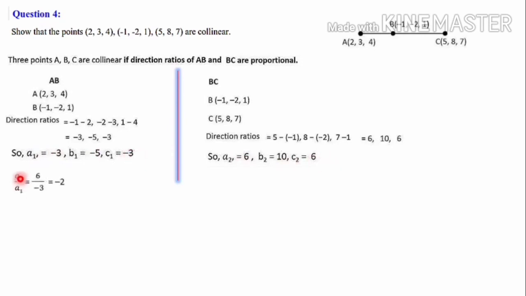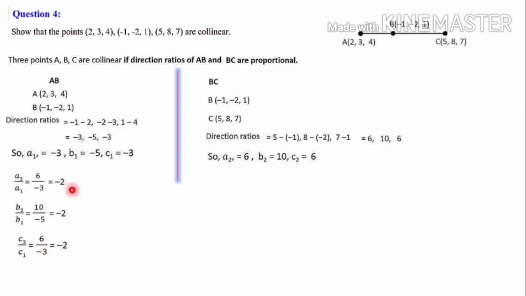Now take their ratio A2 by A1. Since A2 is the bigger one, we are taking that one first. The reverse order also you can take, it's not a problem. 6 divided by -3, that is -2. Then B2 by B1, that is 10 divided by -5, that is -2, and C2 divided by C1, that is 6 divided by -3, that is also -2.